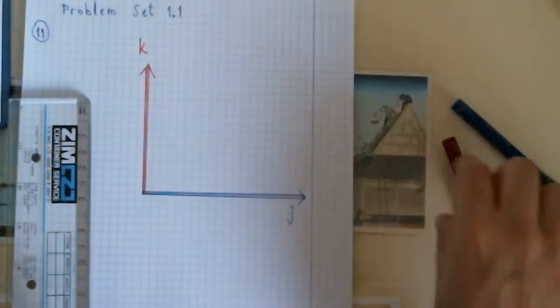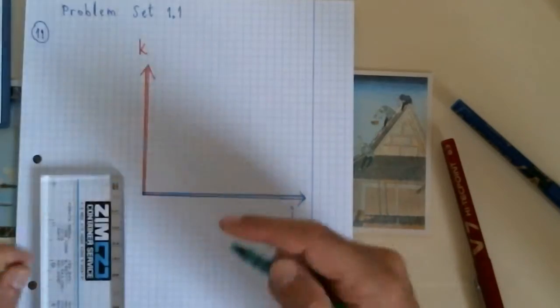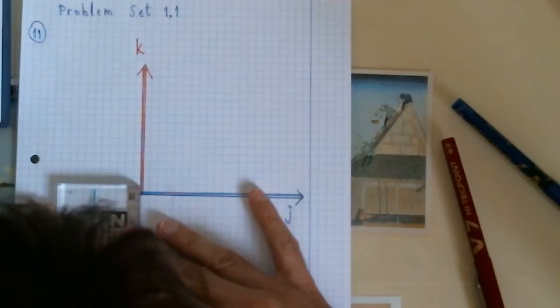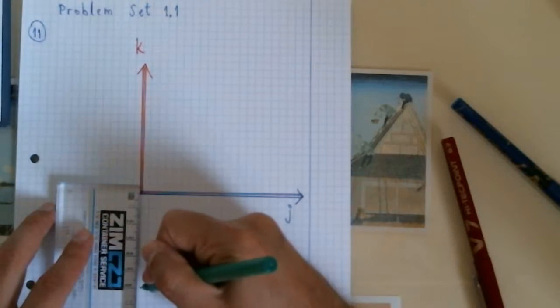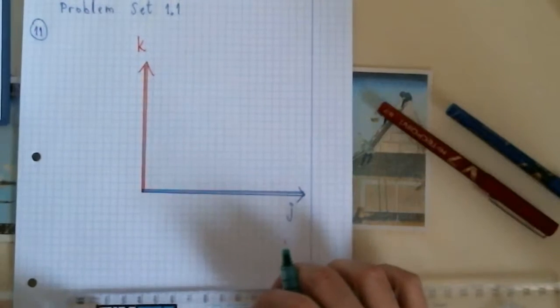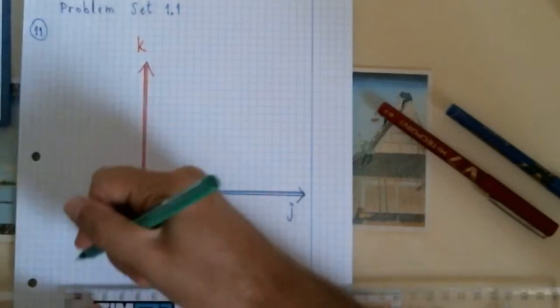And we have also I. We will make it, let's say, 6 centimeters downward and 4 centimeters to the side, to the left.